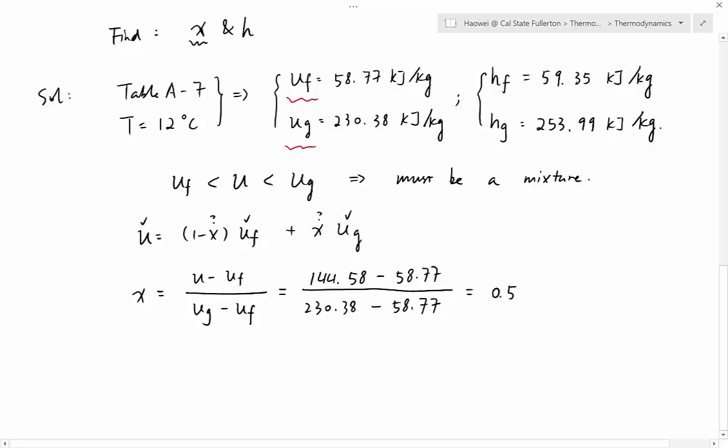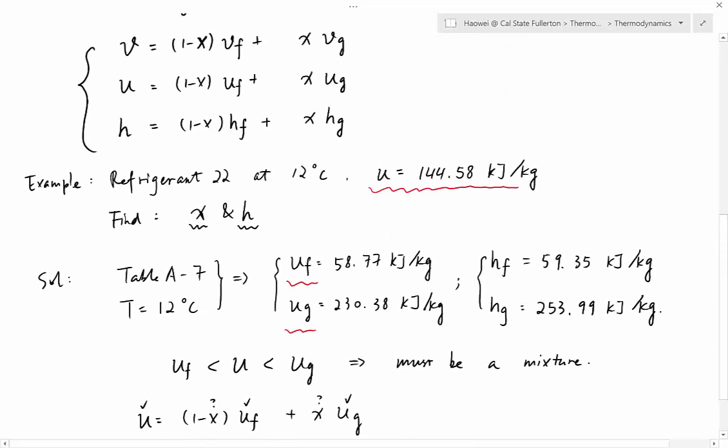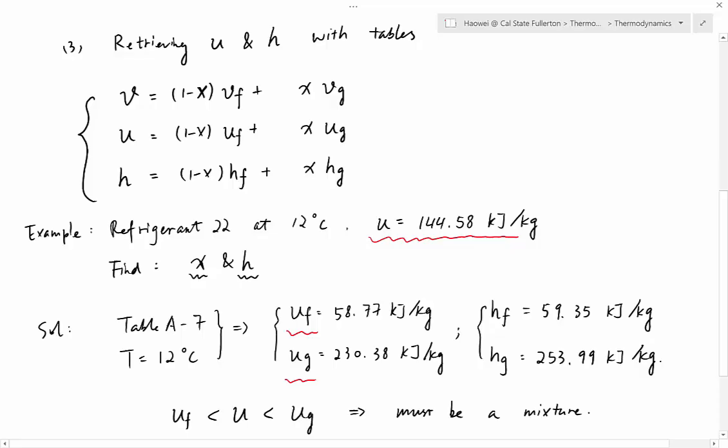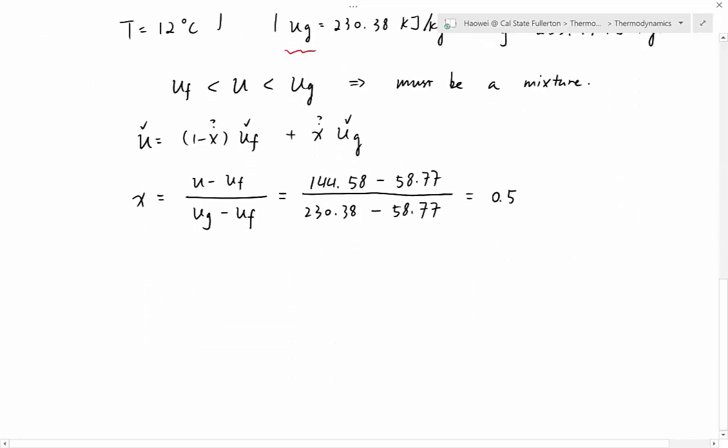And now, next question is to look for specific enthalpy, lowercase h, of this mixture. How do we look for h when we have a mixture? And again, we go back to those three equations, and this time, since we're looking for h, we're going to use the third one. Okay, so the third one is h is equal to 1 minus x times hf plus x times hg.